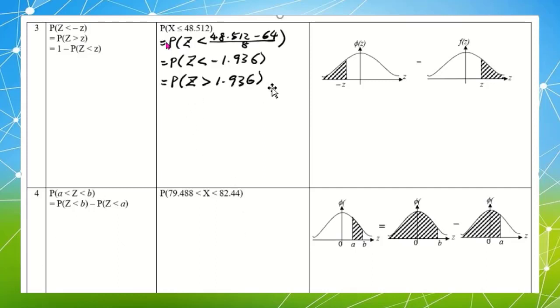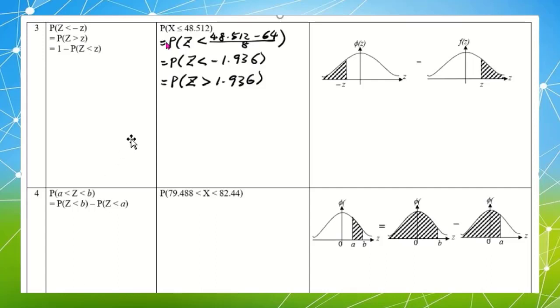Now again, I can see that I'm still not ready to use the table because this is greater than. So by using the concept in example 2, when I change greater than into less than, I will get 1 minus.